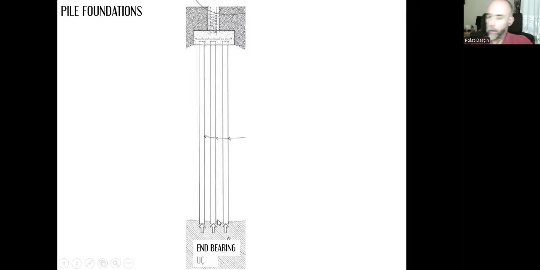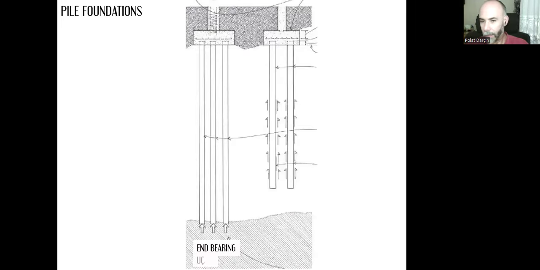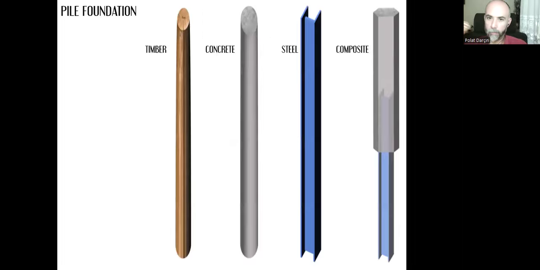But let's imagine if it's so deep and we cannot create piles that are long enough to find that level, then instead of finding that high level of bearing capacity layer, we just have shorter piles and we rely on the friction. As we apply the loads, the soil grains will create an opposite load with the friction. And that's what we call sürtünme kazıkları.